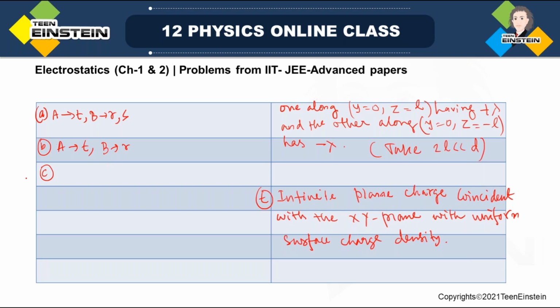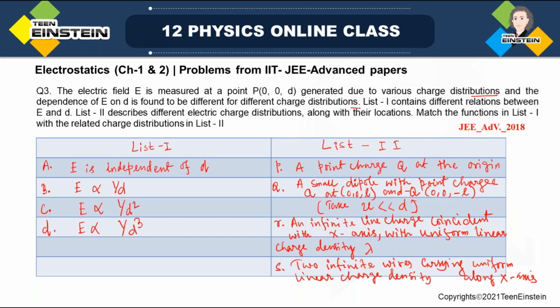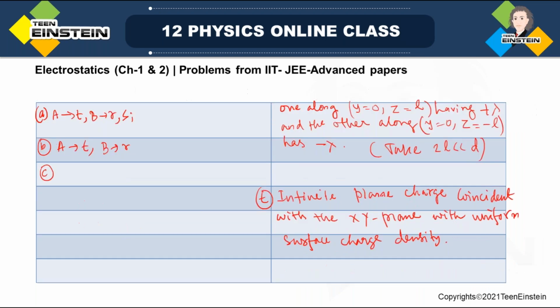Option C says C matches to P, D matches to Q. Here again, C matches to P and D matches to Q.